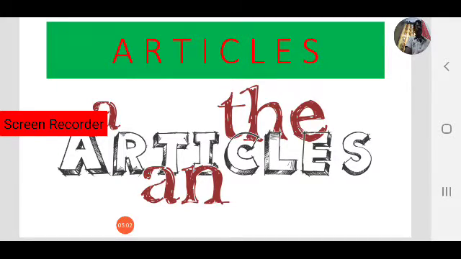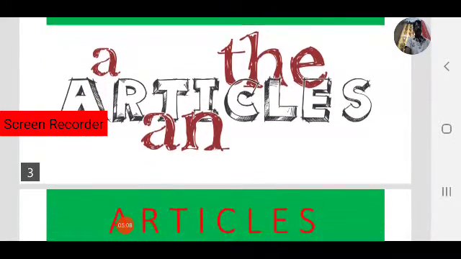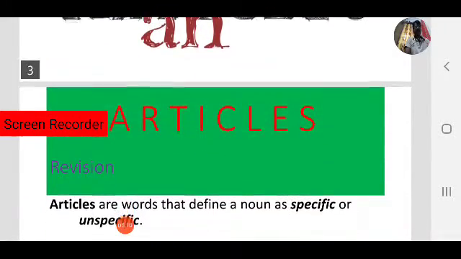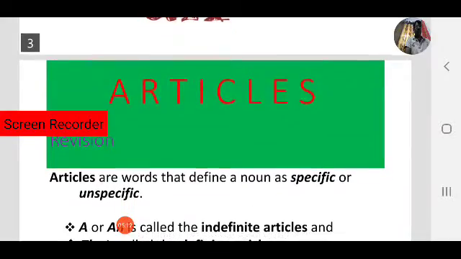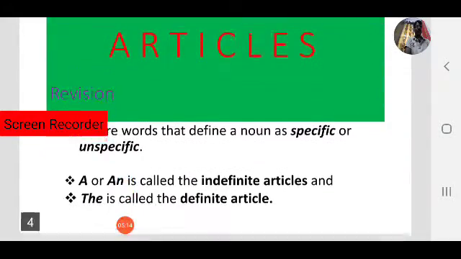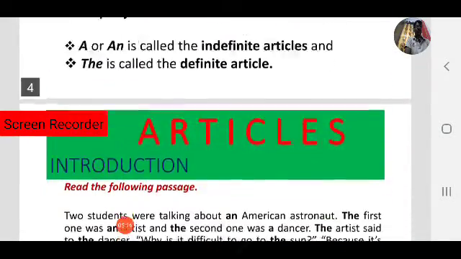Let us see some examples of where we have to use the and where we should not use the.